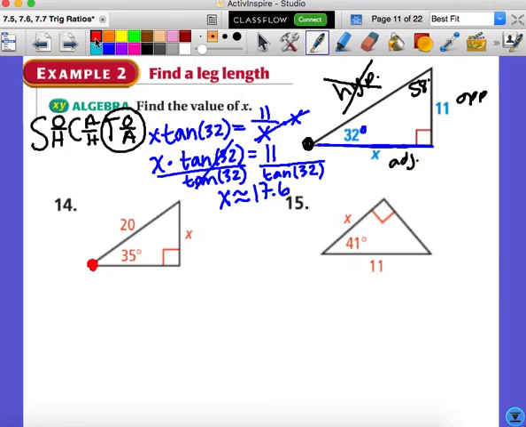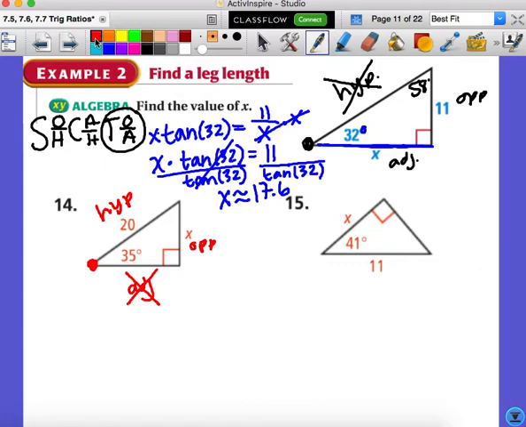Again, you could solve for the other angle and use that as your viewing angle if you want, but it's easier to use the one they've already given you. Then label hypotenuse, opposite, adjacent. You'll notice here that my adjacent side is blank, so I cannot use the adjacent side. I have to use opposite and hypotenuse.